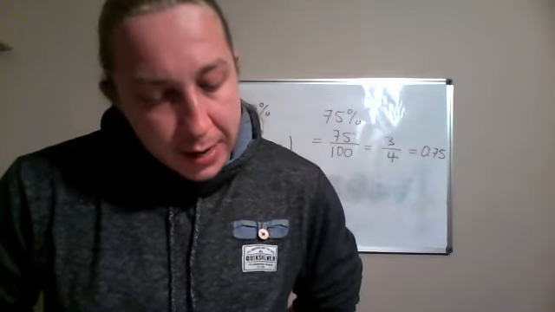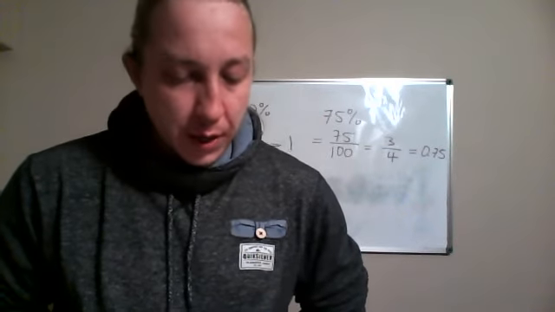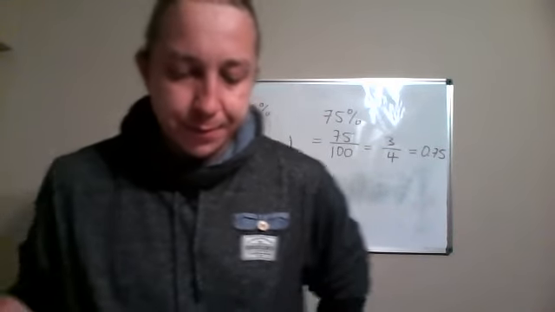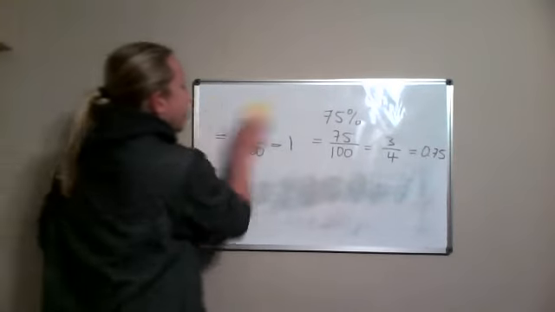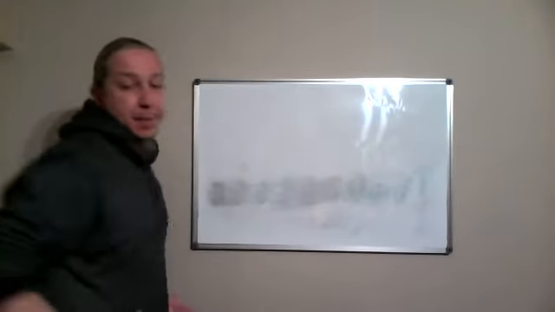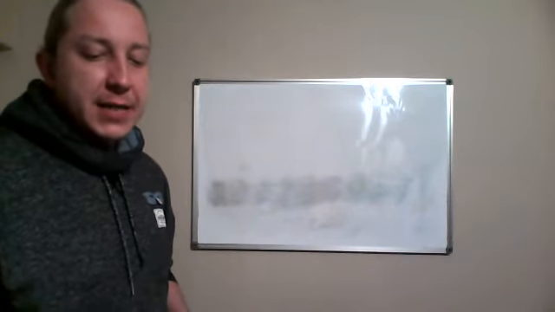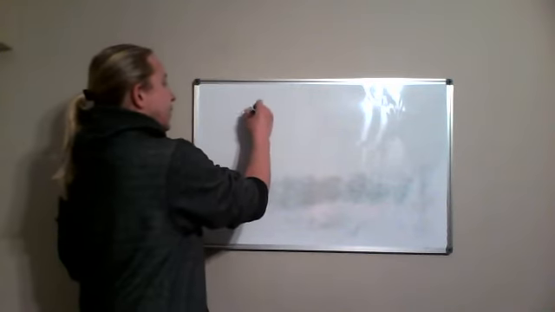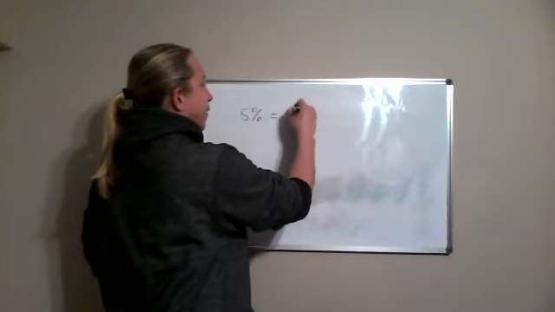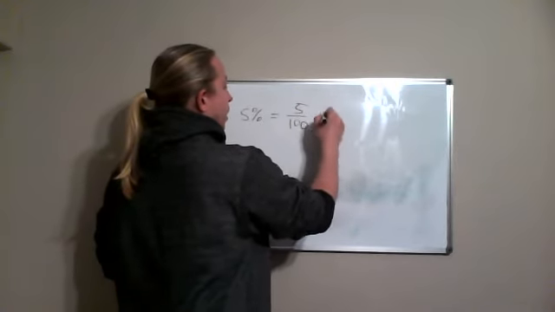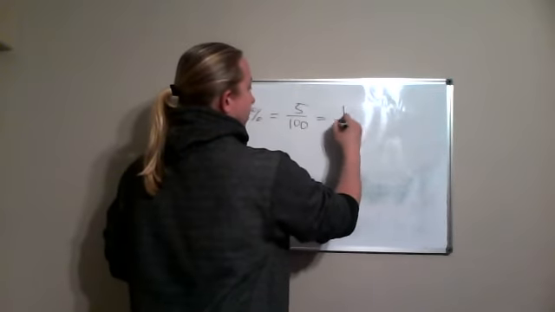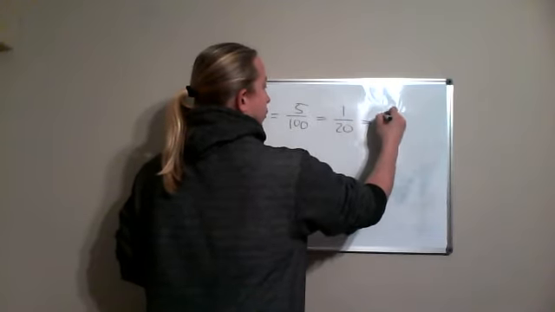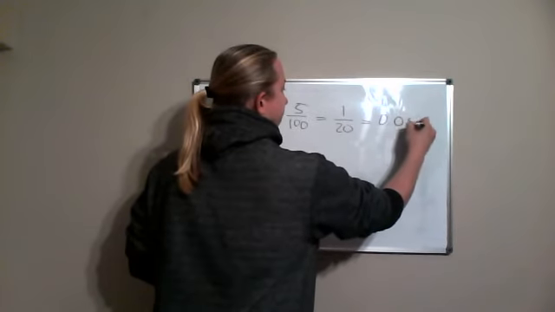Now, there is a minor little mistake on the last one. So they do 5%. I don't know if this is in your book as well, but mine was from 2 years ago, so maybe they've changed it. But basically what I'm trying to show you is the 5% in that same example section. So they say 5% equals 5 over 100, which equals 1 over 20, which equals 0.5.